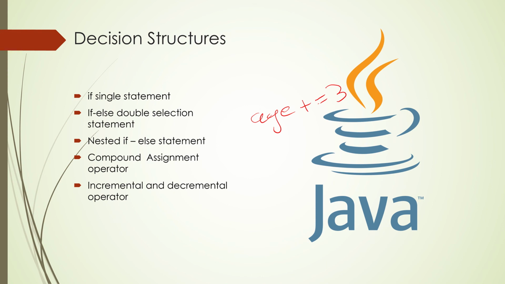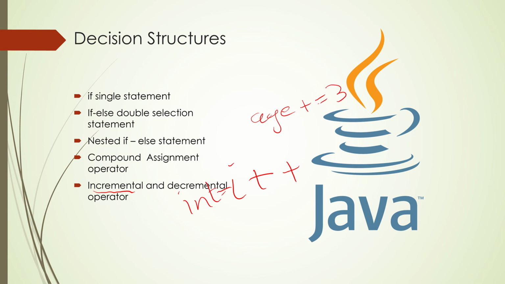Anytime you can use it, especially when we show you loops like for loops, then we use the incremental operator. So the incremental operator is plus plus. For example, i plus plus, where i is an integer variable.